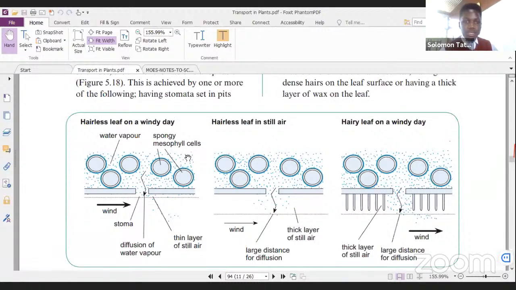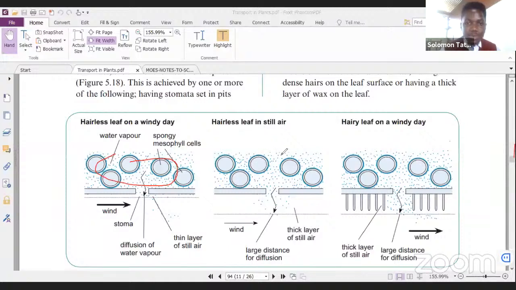So here we can see, especially for the hairless plants on a windy day, you'll see that the water vapor around the leaf, once the wind blows, is blown away quickly.